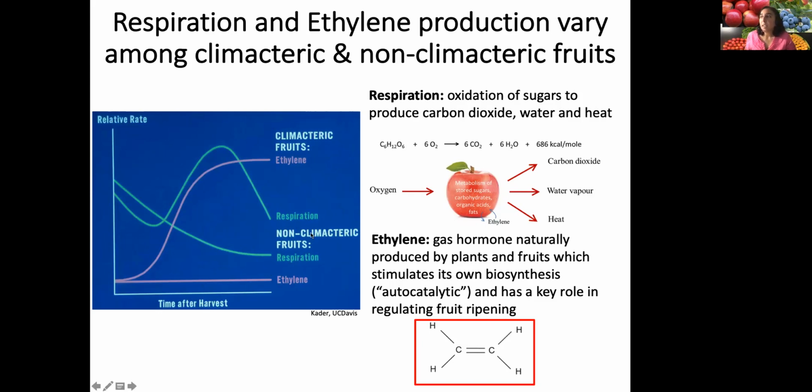In the case of non-climacteric fruits, we do not see this increase in respiration after harvest, and ethylene contents are not autocatalytic. They just are maintained low and constant. They never increase. Okay, and this is what does not allow these fruits to be able to ripen when they are just left on the counter, if they are not harvested at the correct stage. Okay.